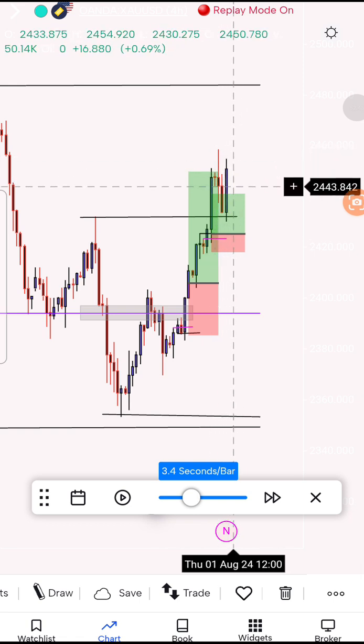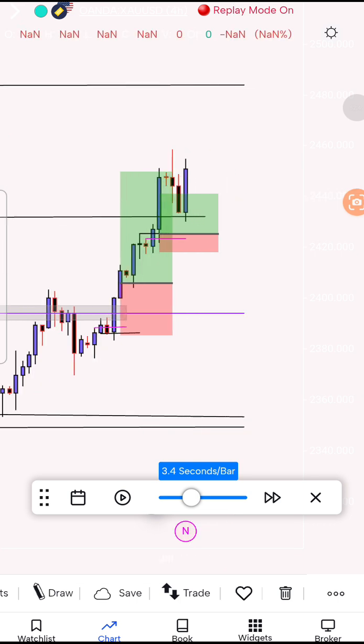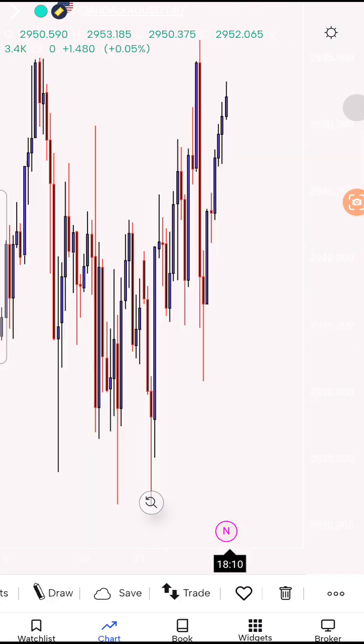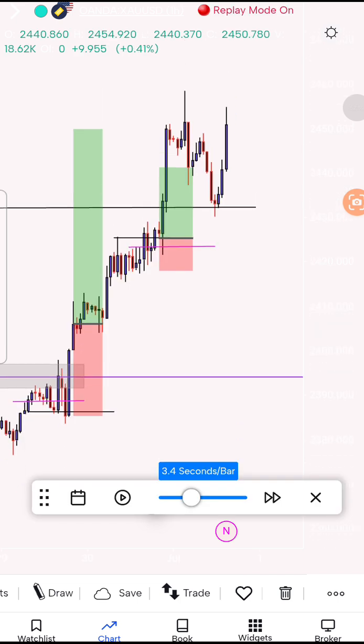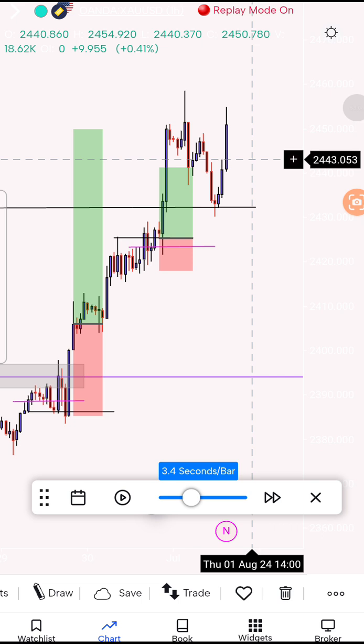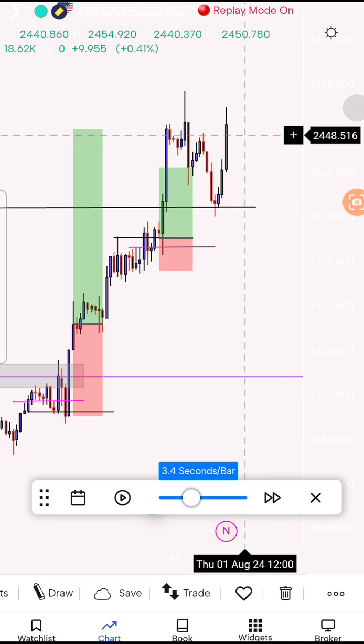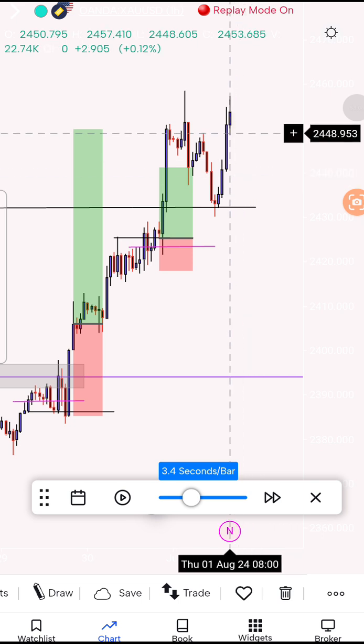With that change in state of delivery, if one is aggressive and maybe if we go to the 1 hour time frame and try to observe the structure, we are forming here bullish fair value gaps. So one thing I could have waited for is a fair value gap to be confirmed.